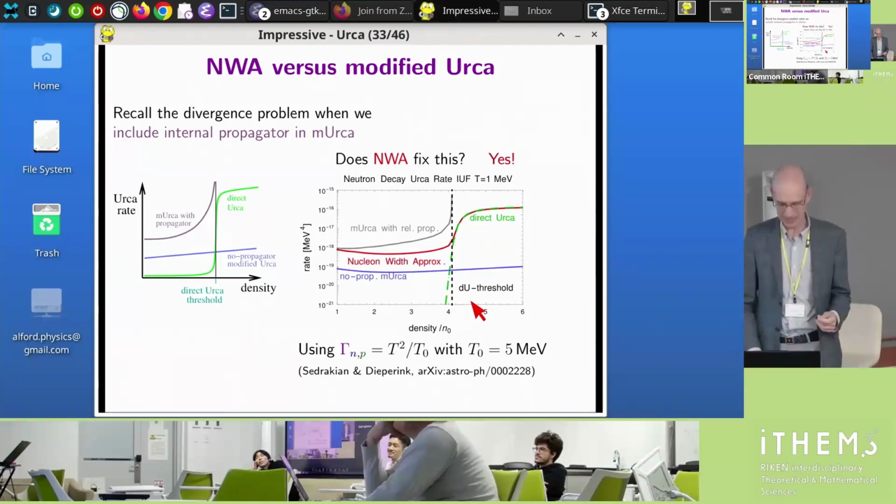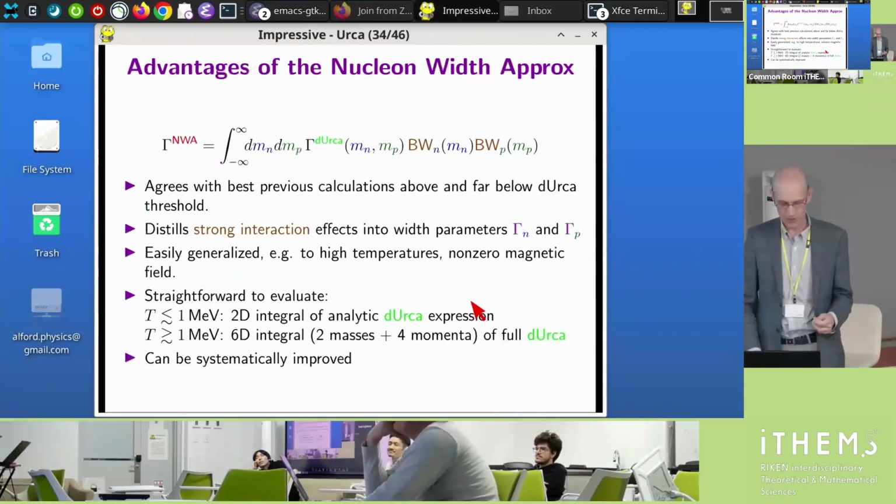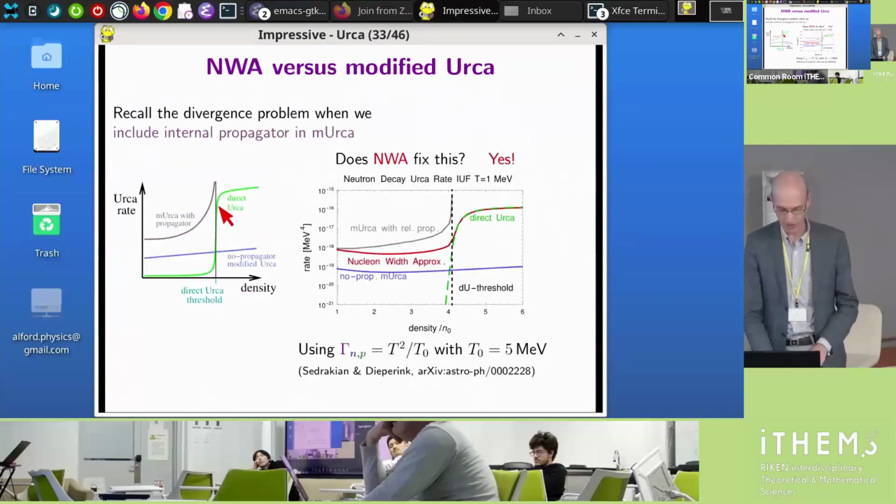Okay. So I'm trying to sell this, as you can tell. What are its advantages? It's very simple. It's just wrapping the direct Urca in two mass integrals. Firstly, it agrees with the best previous calculations. Below threshold, it agrees with what you get when you put a relativistic propagator into modified Urca. Above threshold, it agrees with direct Urca.